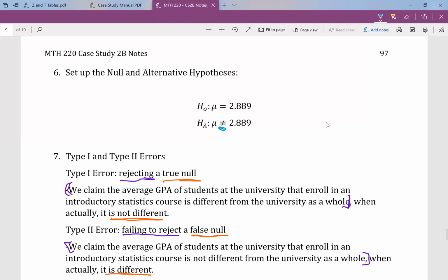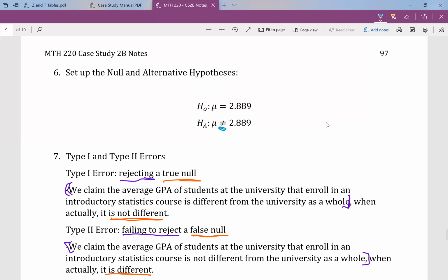In this problem, we don't have any context besides an introductory stats teacher who is just curious. He's not going to report this to any higher-ups. He just has a professional curiosity.